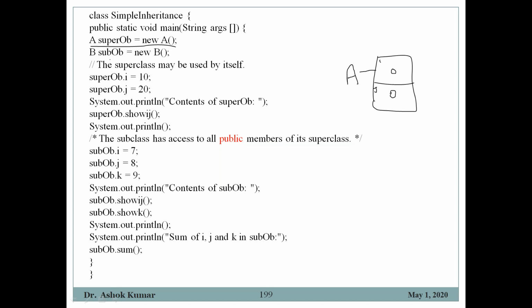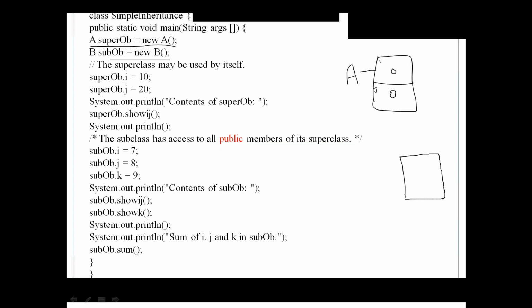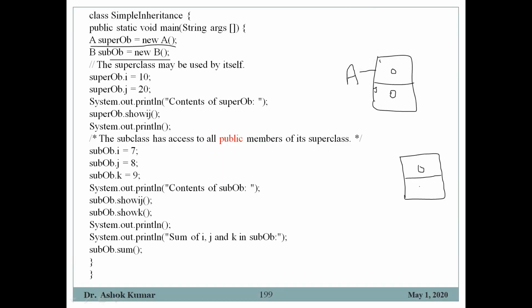Then the next line will create another object B. The reference to that object will be B. So this is the i member, its value will be initialized to 0 automatically, and this is also 0, and its reference is B. After that, this is the important point, we are using super ob. Sorry, this is the object name, because A is the class name.